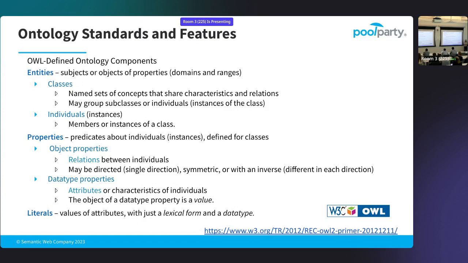When I talked about relations and attributes, both of those are considered properties. What's significant is that the properties are the predicates in the triples, and the classes are what's on either side. They're defined as object properties, which are the semantic relationships, and data type properties, which are the attributes. The value of an attribute is just a literal that does not have a URI. It's just a lexical form.